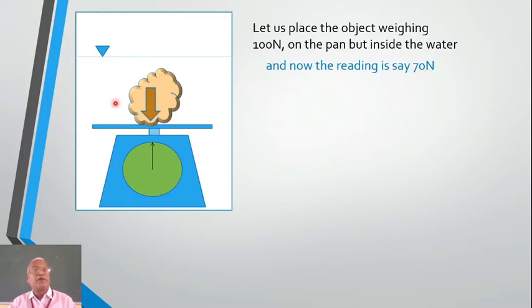Look at that, what has happened is only because of the presence of water, because there will be a buoyant force which will be trying to lift it up. The pressure or the force with which the object is pressing down the pan is reduced. So the pressure with which it is effectively pressing the pan is known as effective stress, quite obvious.